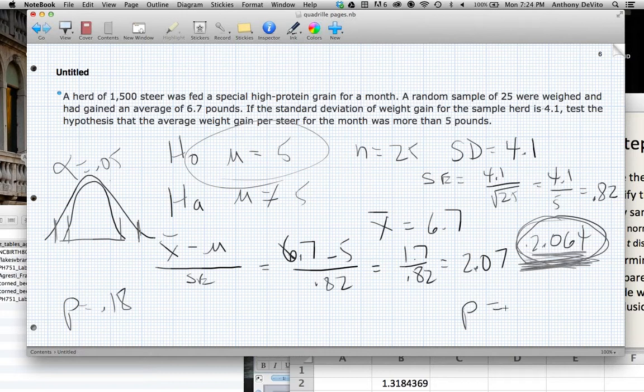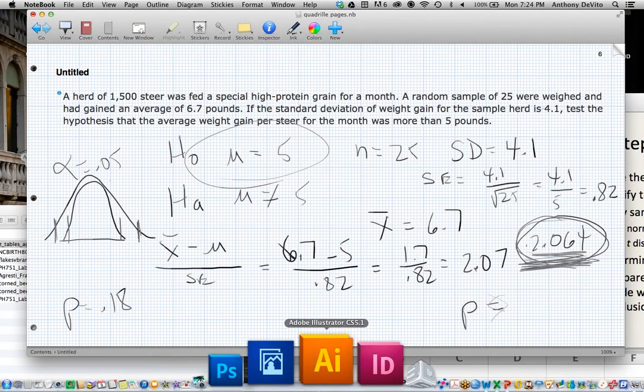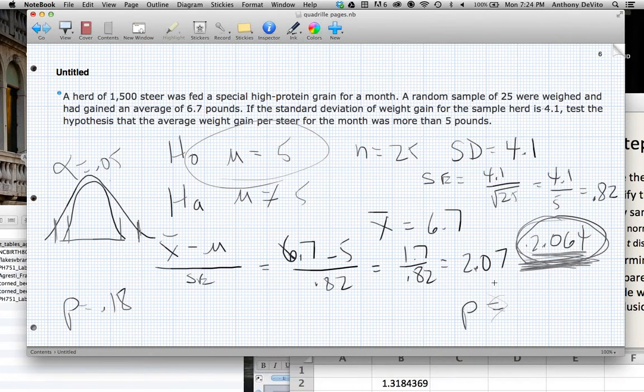Here I can't say that, but what I can say is that it's either equal to, less than, or greater than 5%. In this case, is the p-value, the probability of getting that extreme of a value if I don't reject the null hypothesis, less than, equal to, or greater than 0.05?